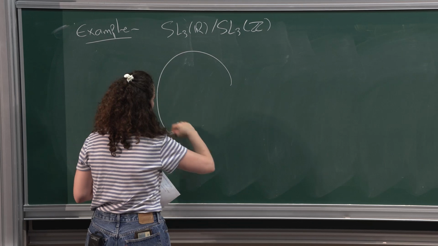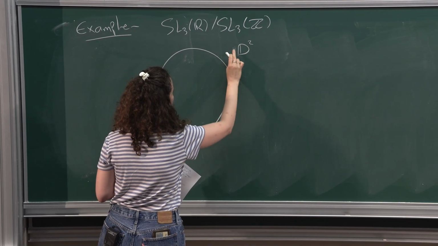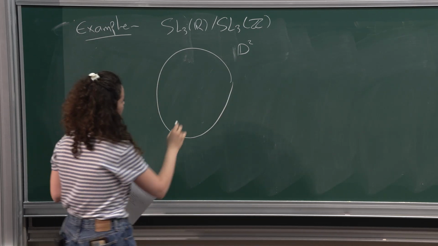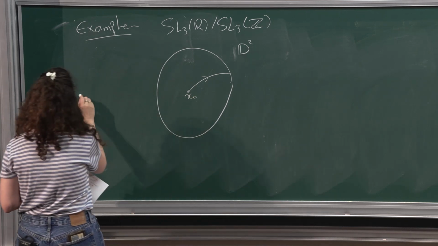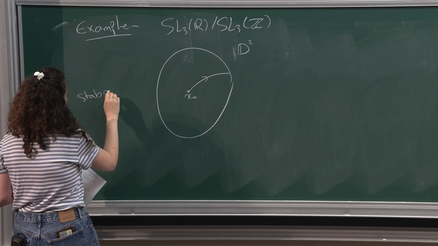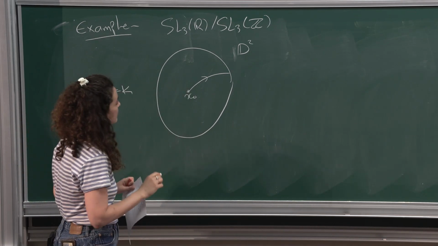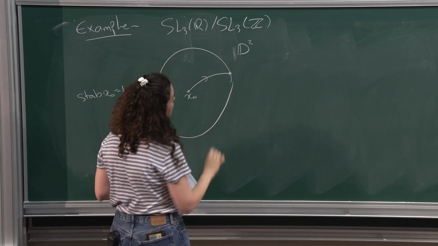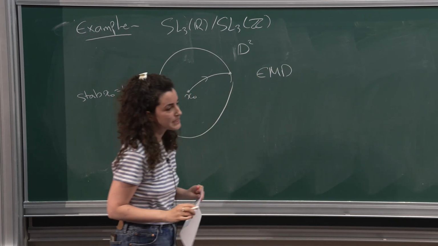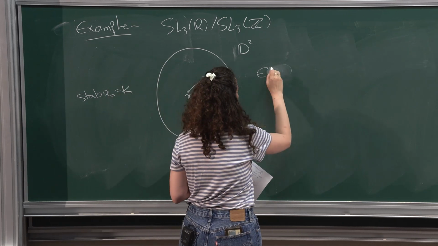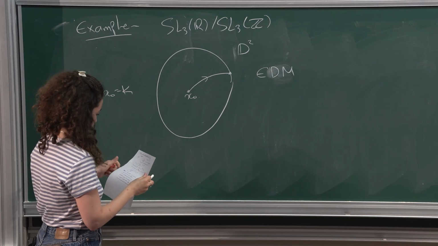So again, you can think about it as the unit disk. And you have some x naught, so that the stabilizer of x naught is exactly K. And you can, again, ask about a distance-minimizing geodesic.